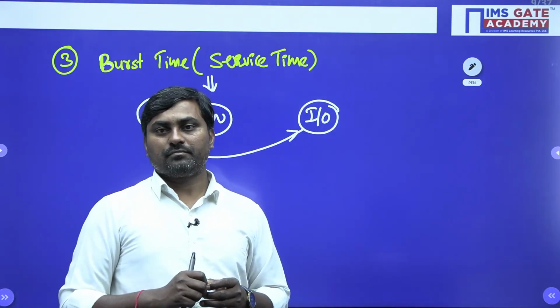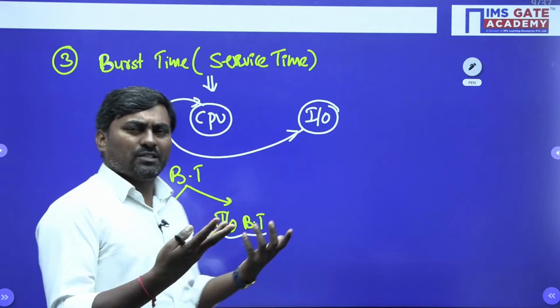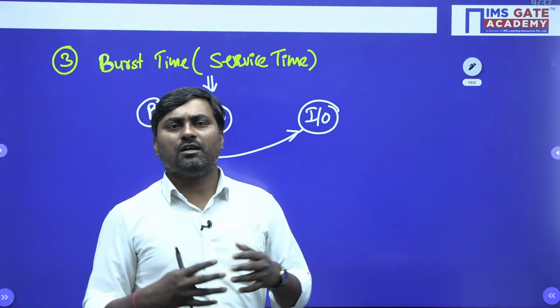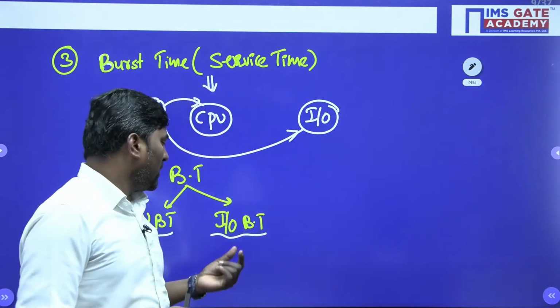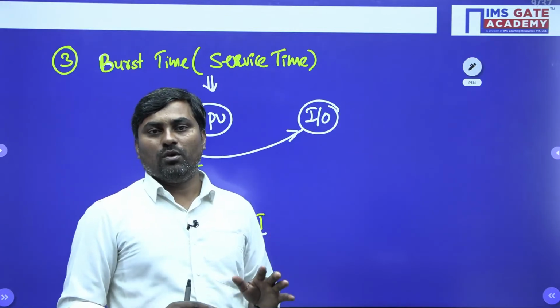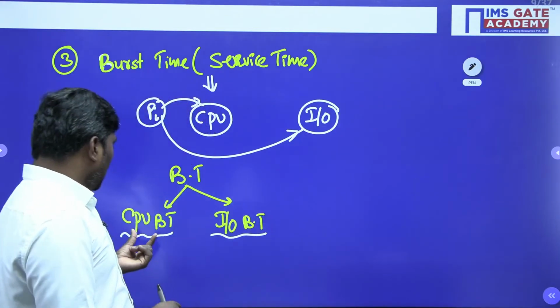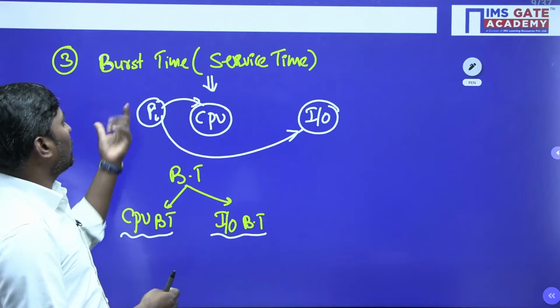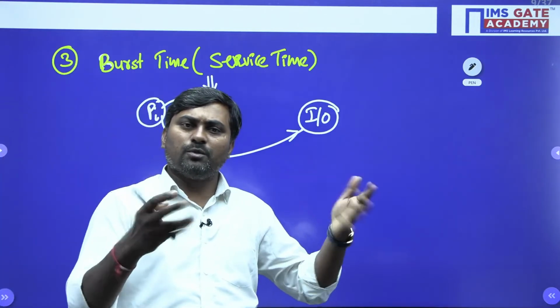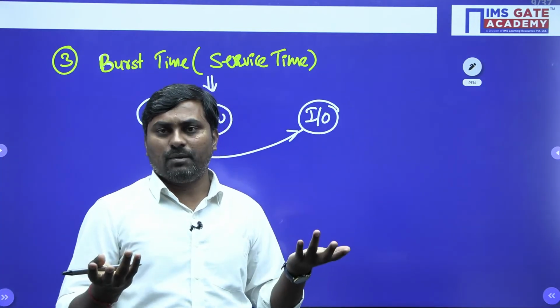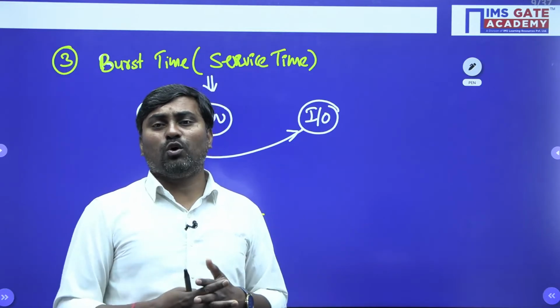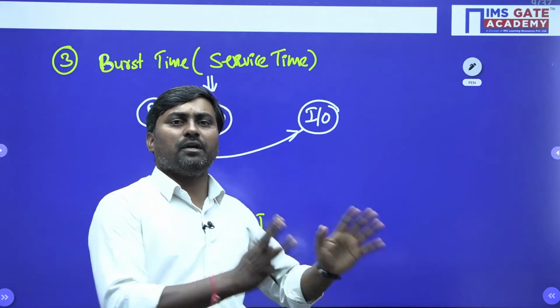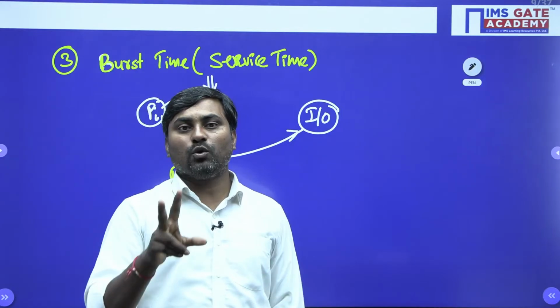Now, some assumptions are also made while discussing the various scheduling policies. Sometimes we assume IO burst time is 0. When IO burst time is 0, only CPU burst time is there, which is equivalent to burst time. Simply, you can call it burst time or CPU burst time. But when you specifically want to call it CPU burst time, you have to call IO burst time separately as well.